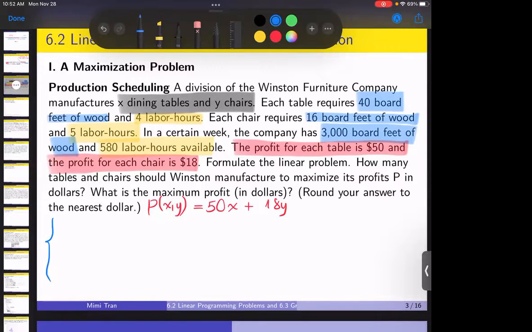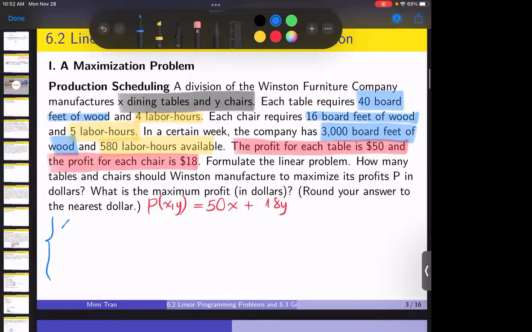And so I have 40x plus 16y. That's how much wood you need to make tables and chairs. And then on the right hand side, I have 3,000 board feet of wood. What inequality should I put in between?